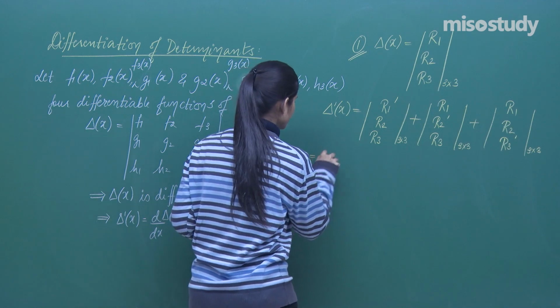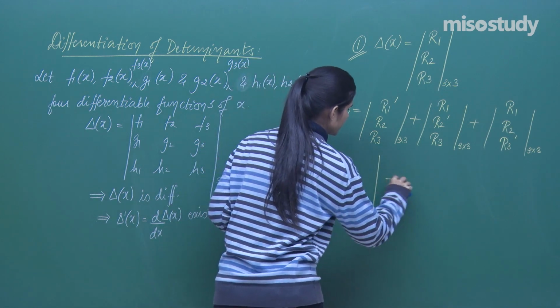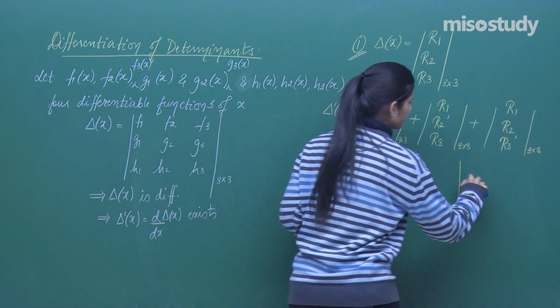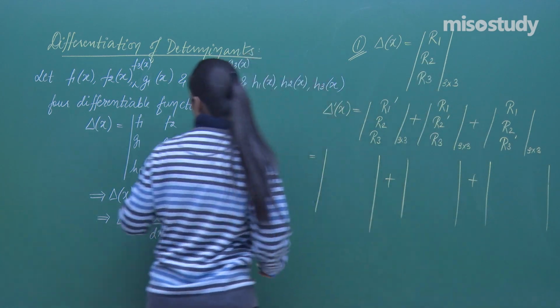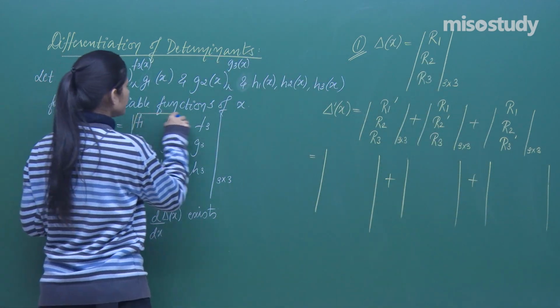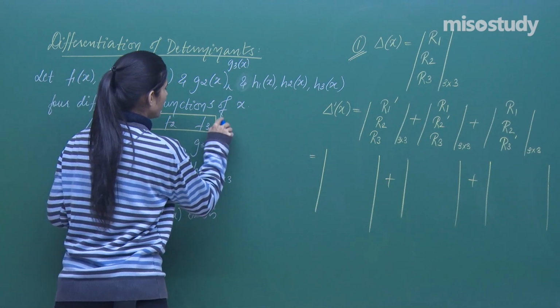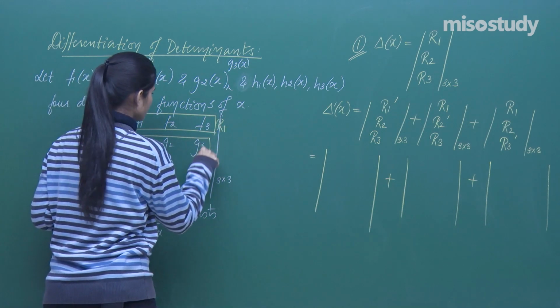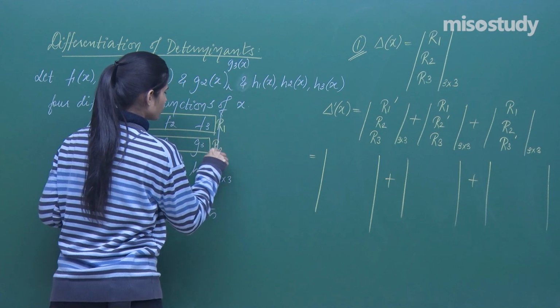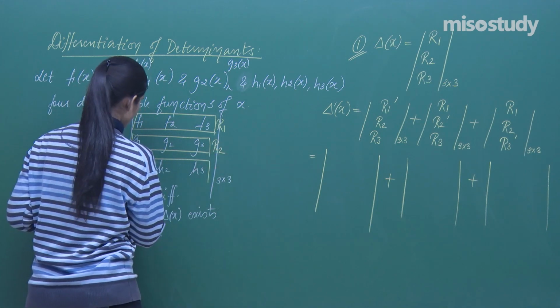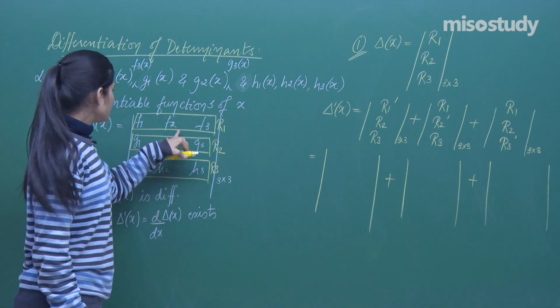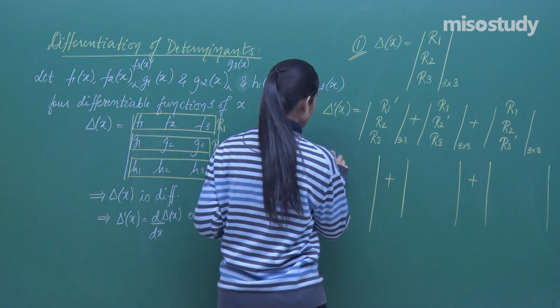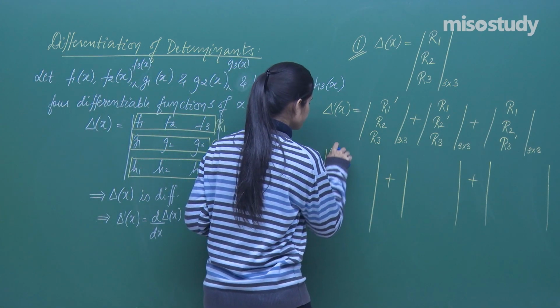So what you will be getting, if I connect it with the example? Right now I am considering this made up of 3 rows: row 1, row 2, and row 3. So differentiate the first row: f1 dash, f2 dash, f3 dash.